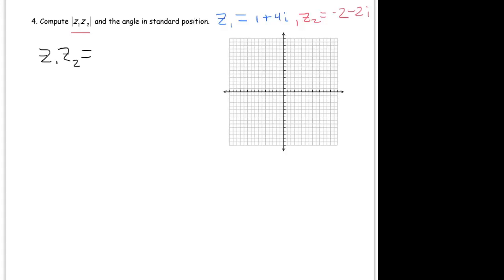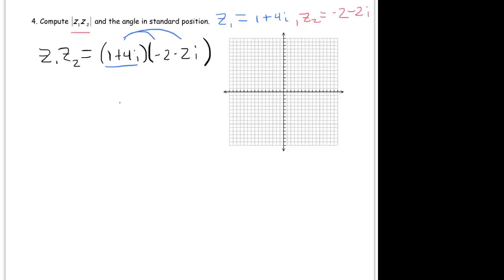So z1 times z2 would be 1 plus 4i times negative 2 minus 2i. And I'm going to view this multiplication as happening by distributing that 1 plus 4i to both those pieces.